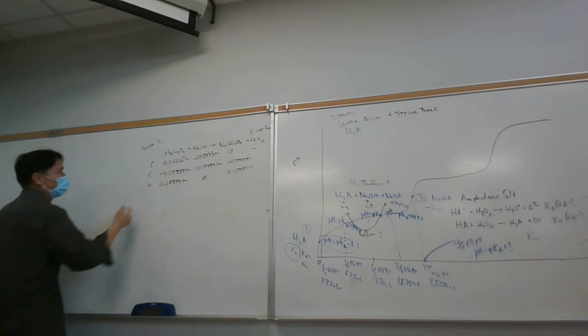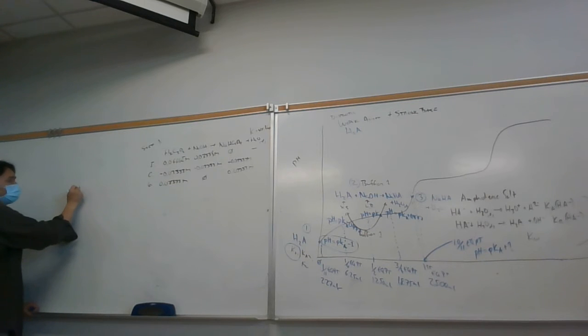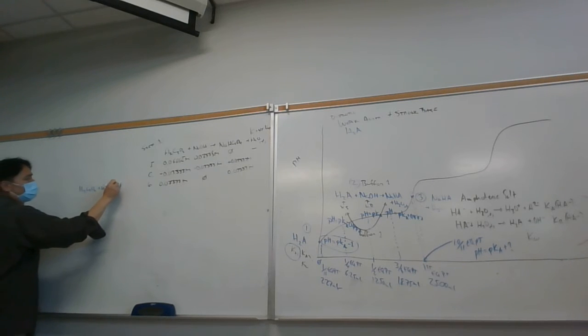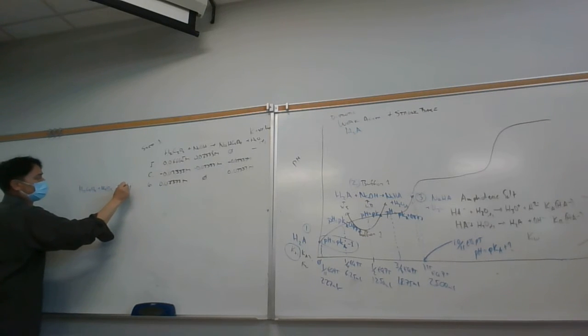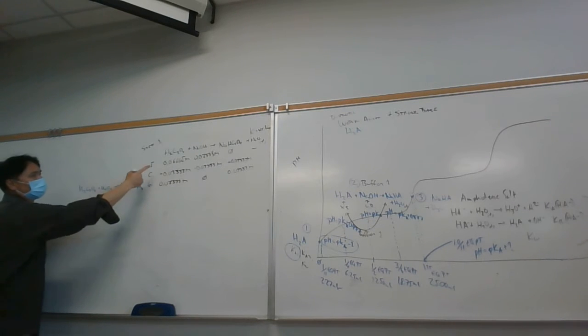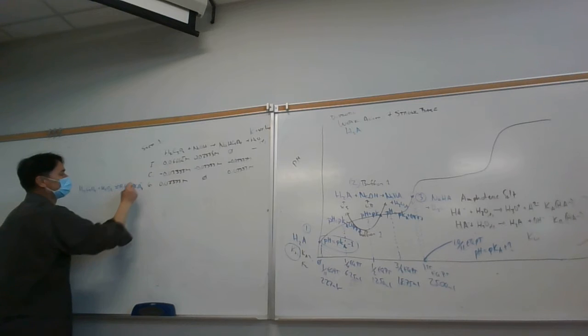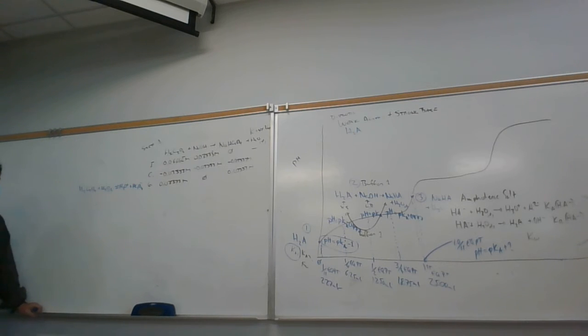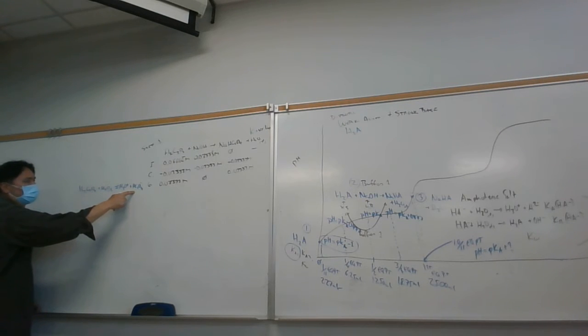If we look at the Ka for oxalic acid, the Ka for oxalic acid describes the equilibrium between... I'm going to get rid of the sodium. Sodium is a spectator here. In this case, it just gives hydrogen and hydrogen oxide.